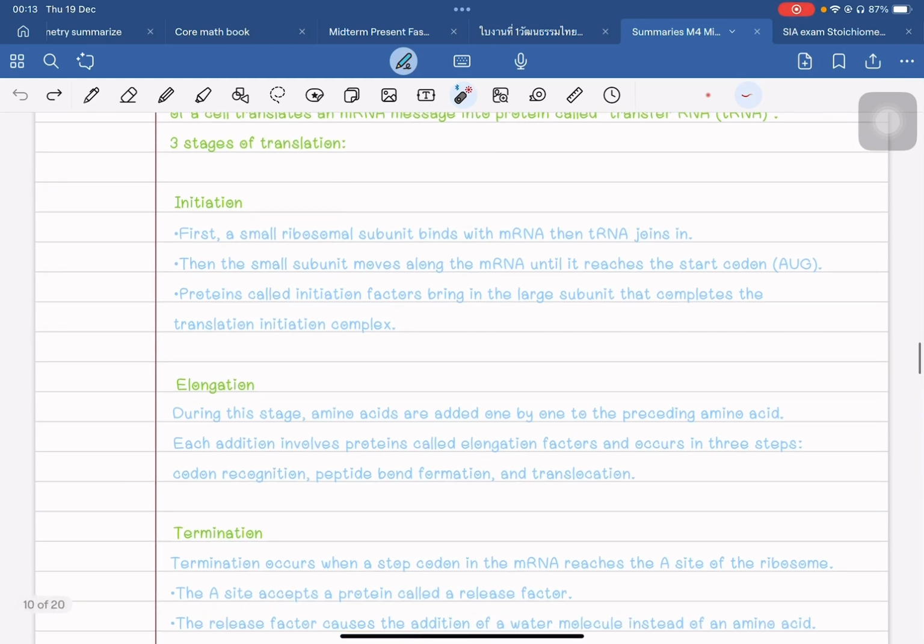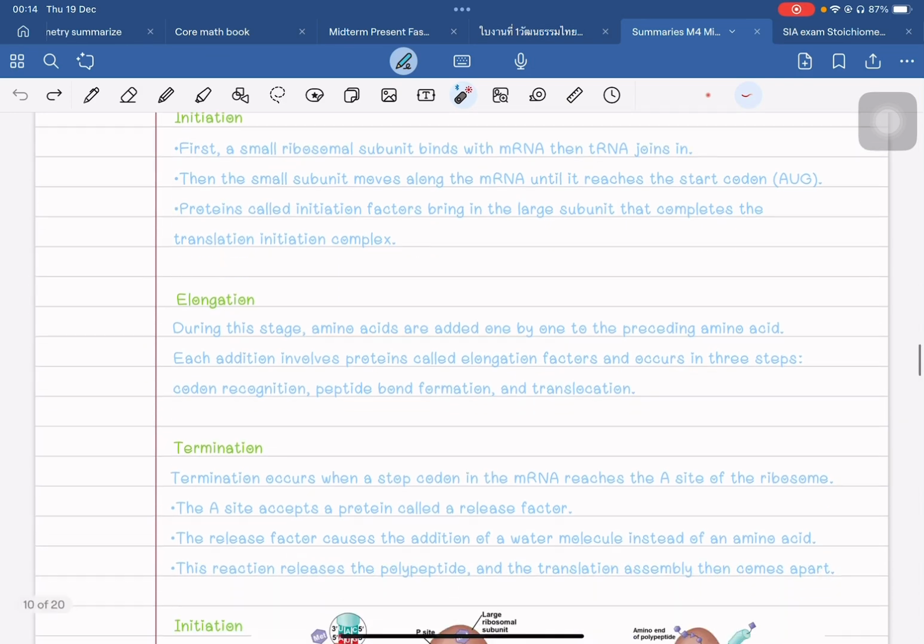Then the next stage is elongation. During this stage, amino acids are added one by one to the preceding amino acid. Each addition involves proteins called elongation factors and occurs in three stages: codon recognition, peptide bond formation, and translocation.